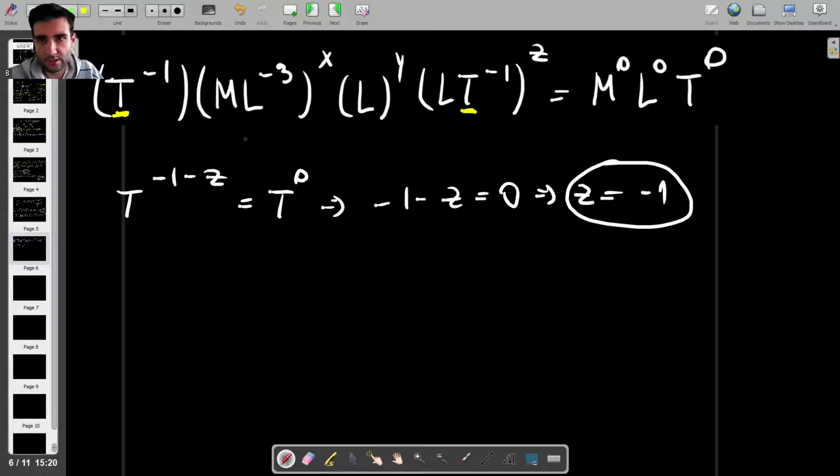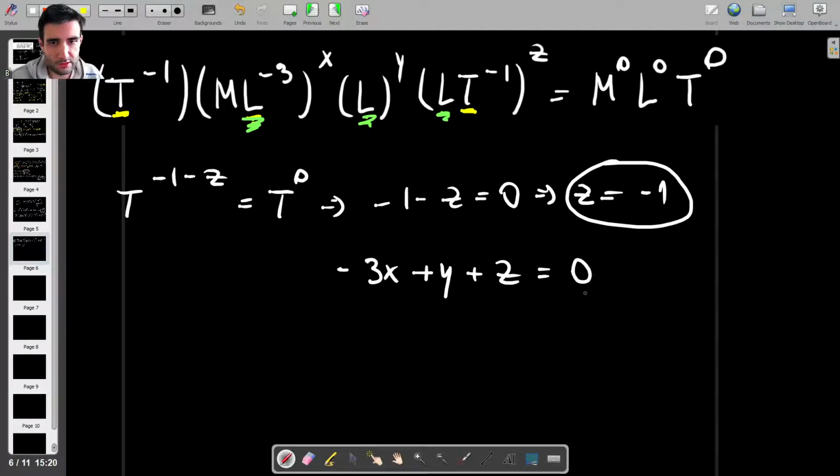Let's do that with L. So we have L here, and L here. So this will give us minus 3x plus y plus z equals 0.